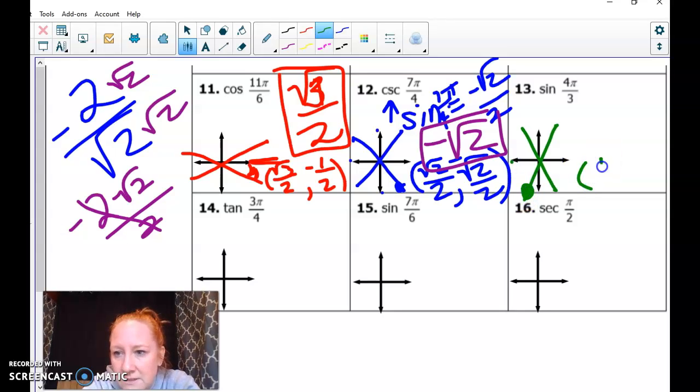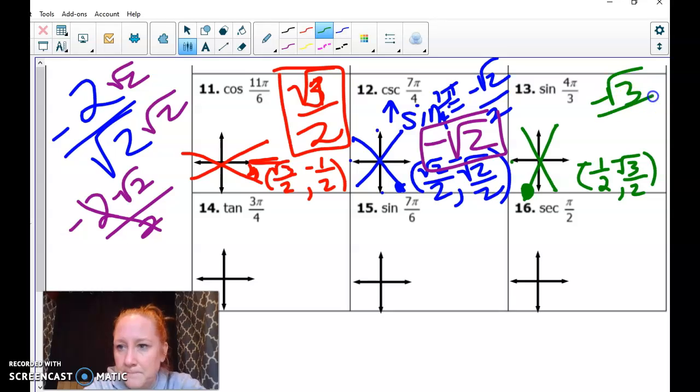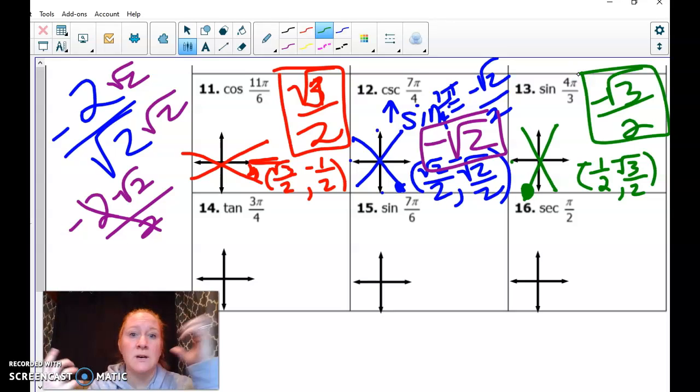Okay, a pi over 3 is going to be 1/2 and square root 3 over 2 because it's thinner than it is tall. Now I think about the signs. It's in quadrant 3, so negative, negative. And they want the sine, so negative root 3 over 2. So again, draw the picture every time. That will help so much.